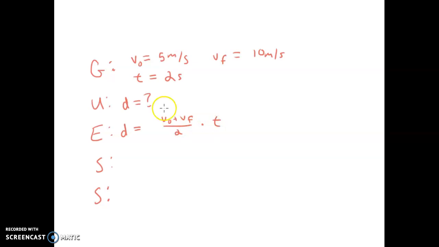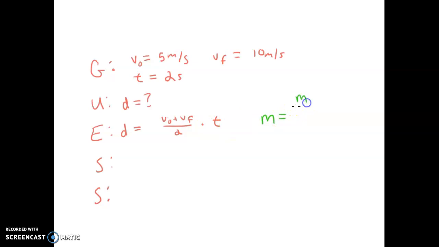Because I've done these problems so many times, and you'll eventually be able to see this, we can double check our units here. Let's do this in units. I'm going to switch to green. For distance, I need to get meters, because that's what my units of distance are in.